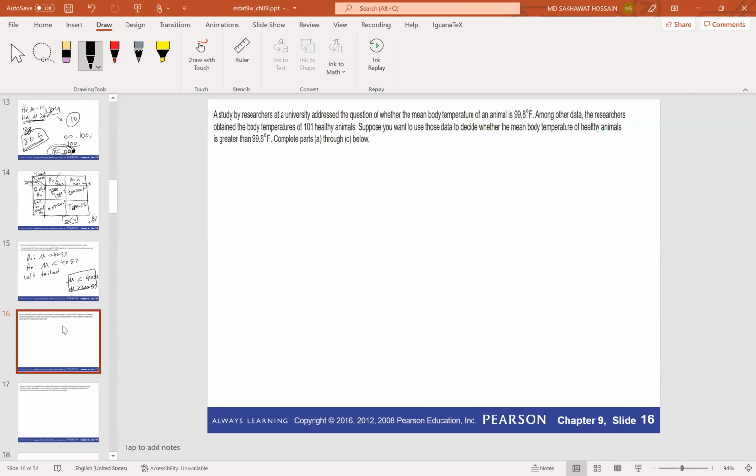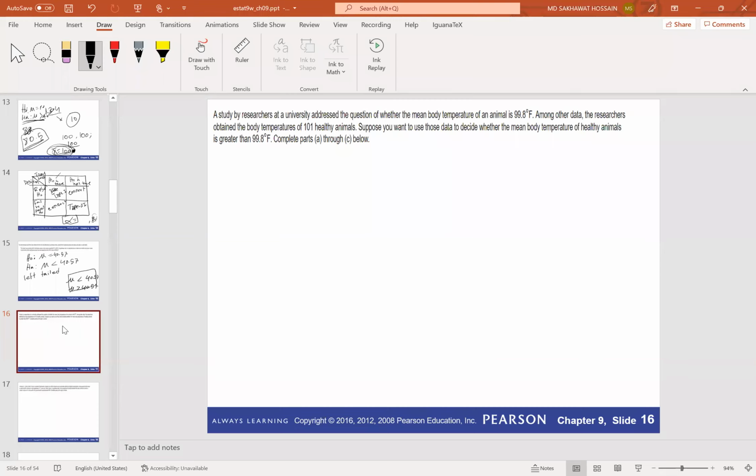Okay, so we'll go over some more examples. A study by researchers at a university addressed the question of whether the mean body temperature of an animal is 99.8 degrees Fahrenheit. Among other data, the researchers obtained the body temperatures of 101 healthy animals. Suppose you want to use this data to decide whether the mean body temperature of healthy animals is greater than 99.8 degrees Fahrenheit.